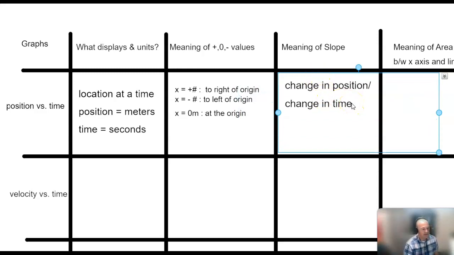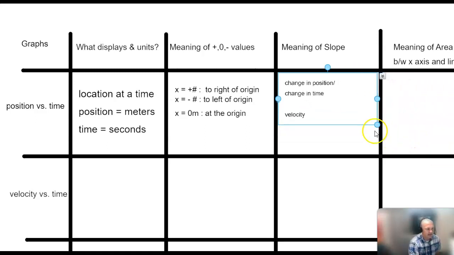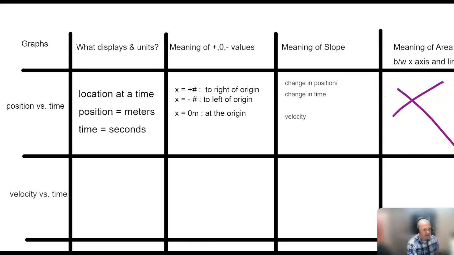And the change in position divided by the change in time, that is known as our velocity. So the slope of the line tells you the velocity of the object. And then for the last one, we didn't calculate any areas between the x-axis and the line on a position versus time graph. So that one you don't have to worry about.